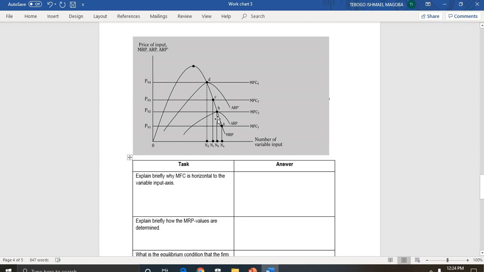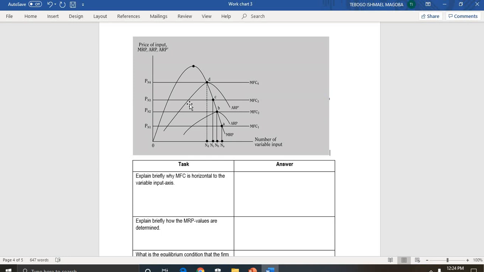The first question says, briefly explain why the marginal fixed cost is horizontal to the variable input axis. They're just trying to say, why is this line, marginal fixed cost, horizontal? The reason is, firstly, this is a perfect competition market.